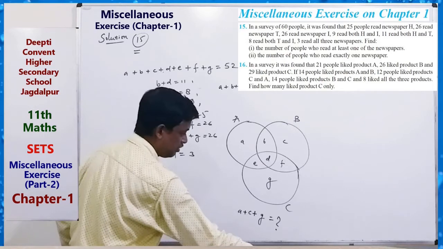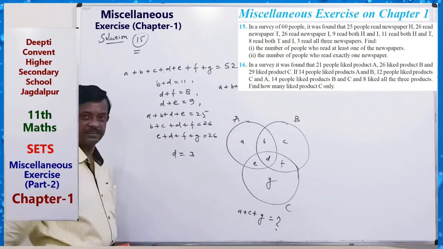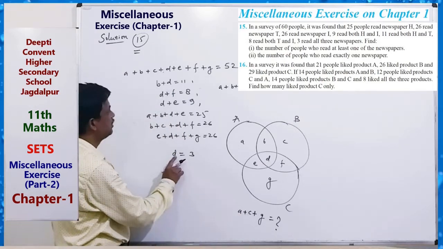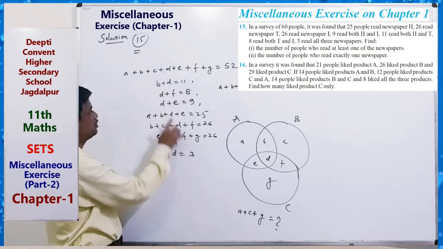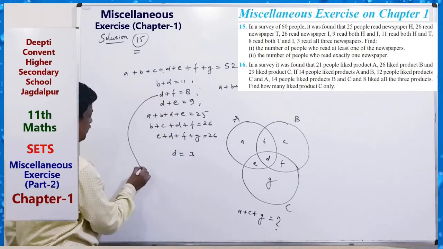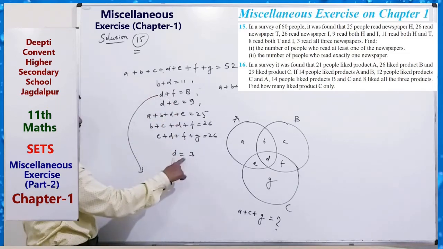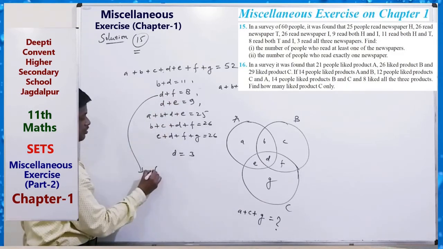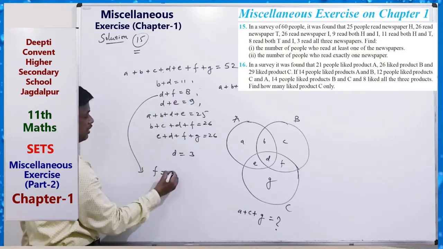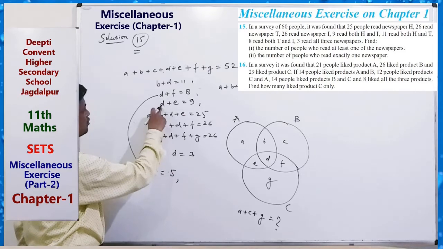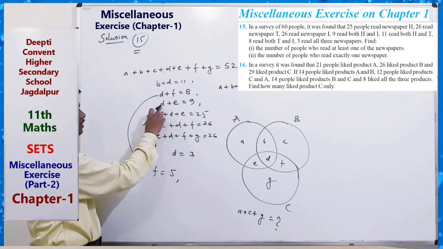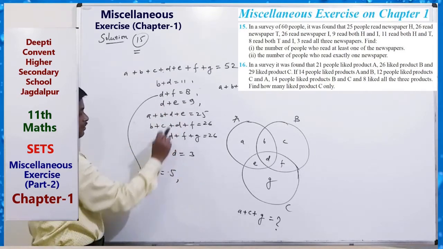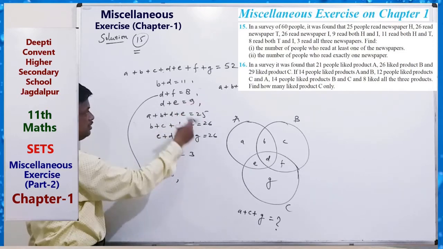Now our requirement is this. Using D: if D equals 3, then F equals 8 minus 3, 5. If D equals 3, then E equals 9 minus 3, 6.